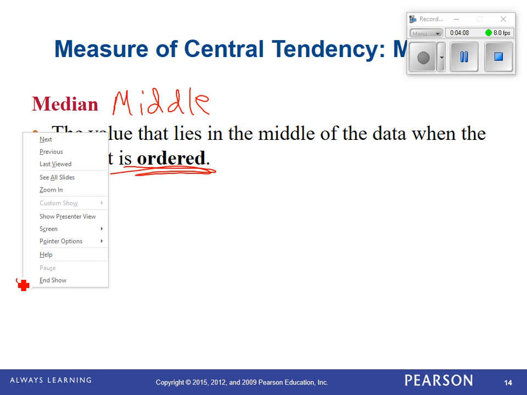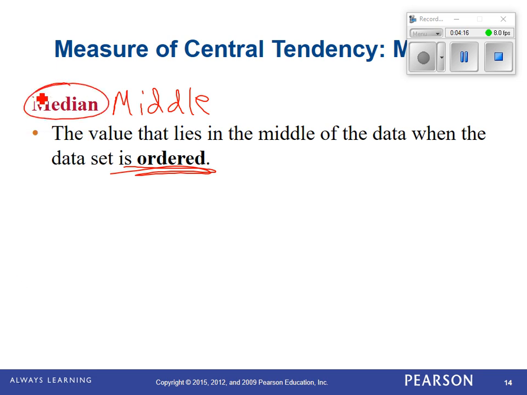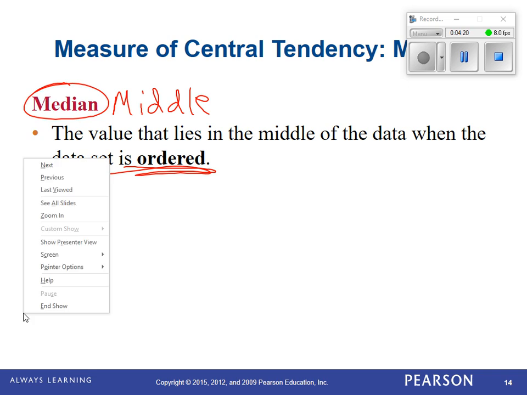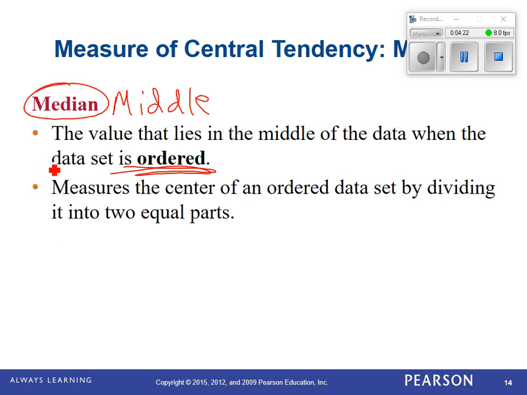So that's something that we'll do as we go through some of this. It'll also, without even putting them in order, tell you what the median is. So it puts them in order without actually showing you that it did it.